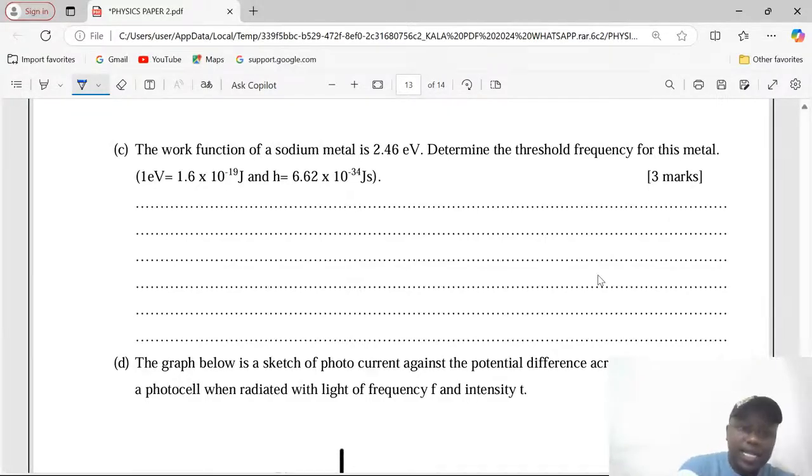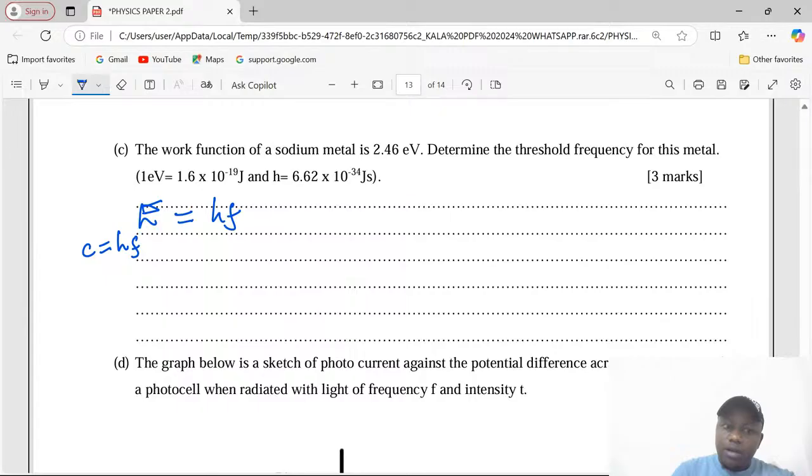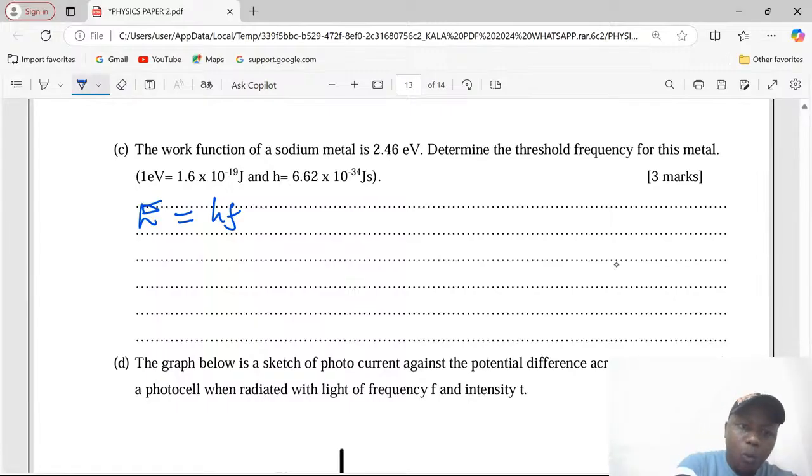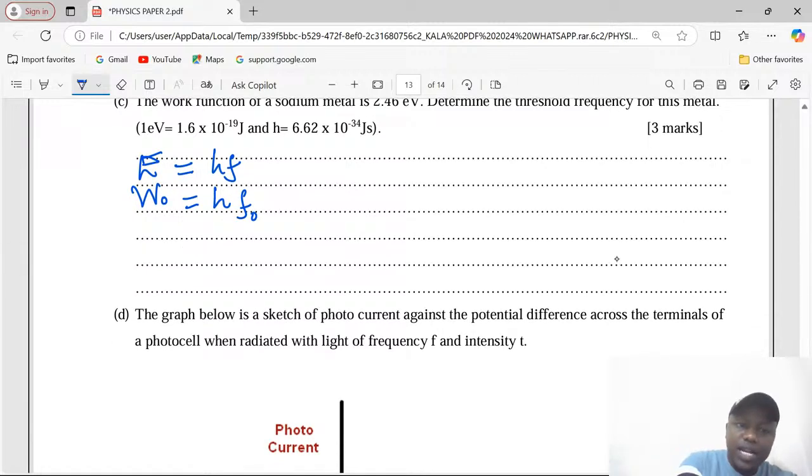We usually say that the energy is given by hf. So energy equals hf, which means work function is given by h times threshold frequency. So this one can be converted.